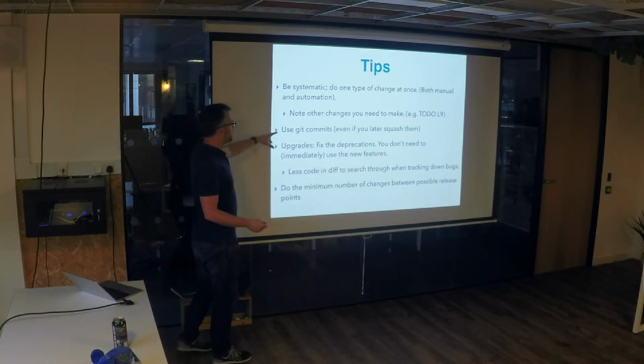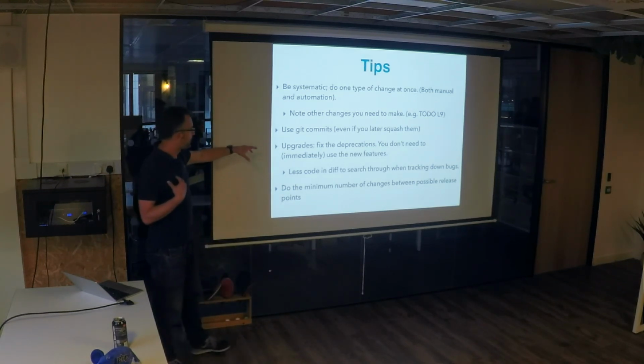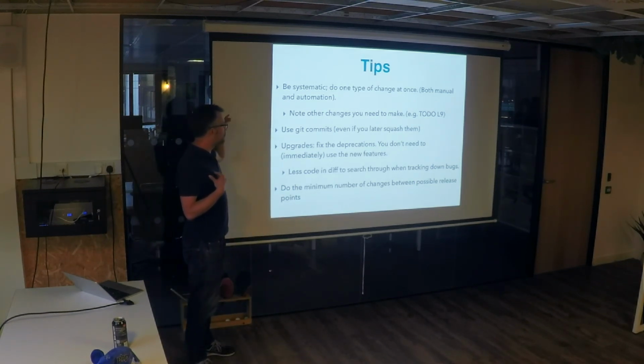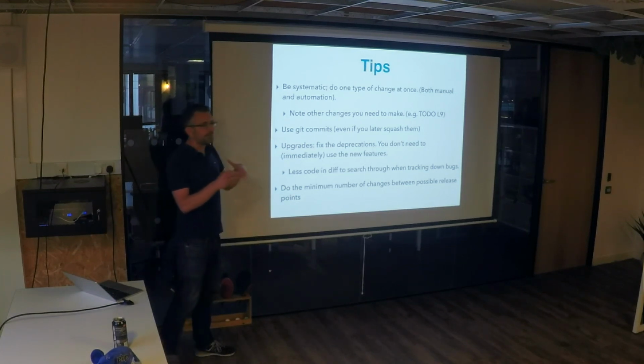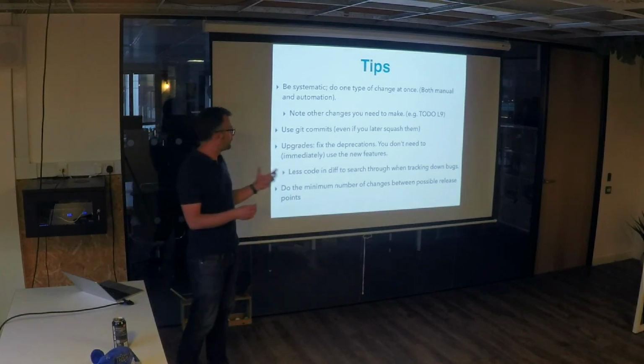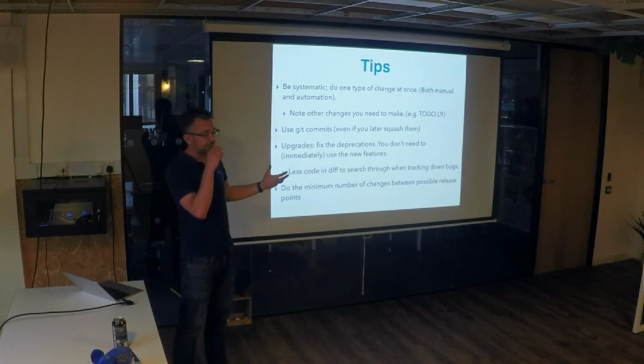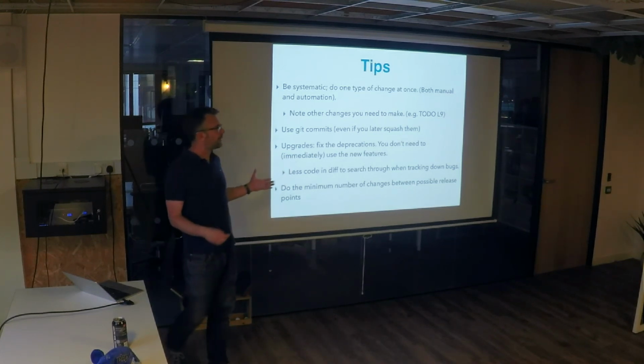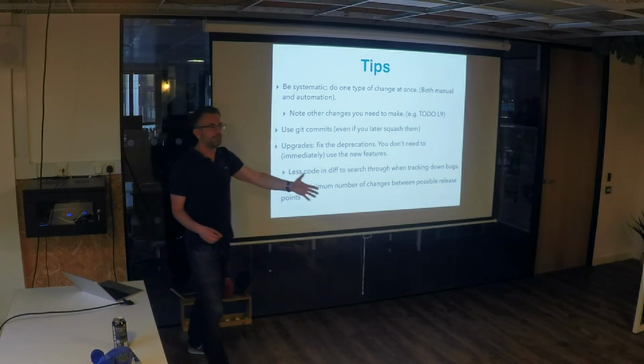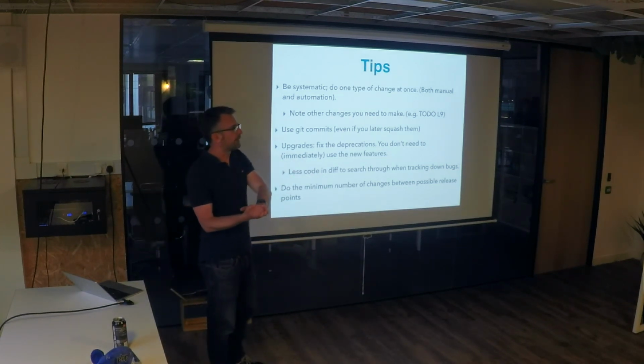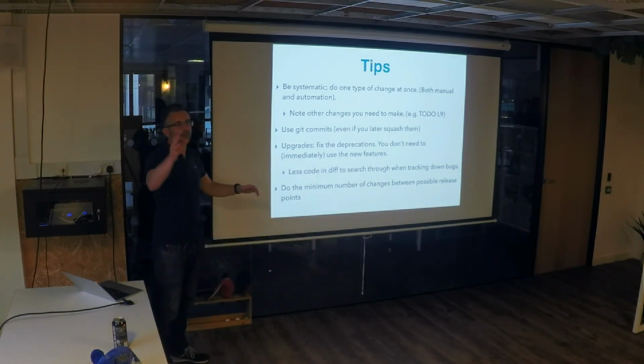I would use git commits, even if you squash them later. And I just work on upgrades. I just fix the deprecations. You don't need to immediately use new features. So for example, we were going from PHP 7.4 to, I don't know what we aimed up, but maybe it's 8.2, I can't remember now.